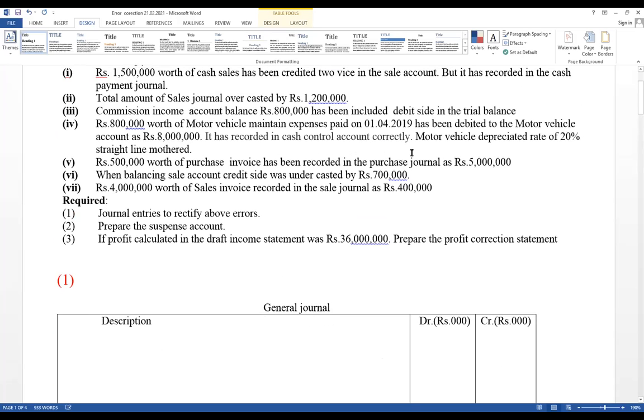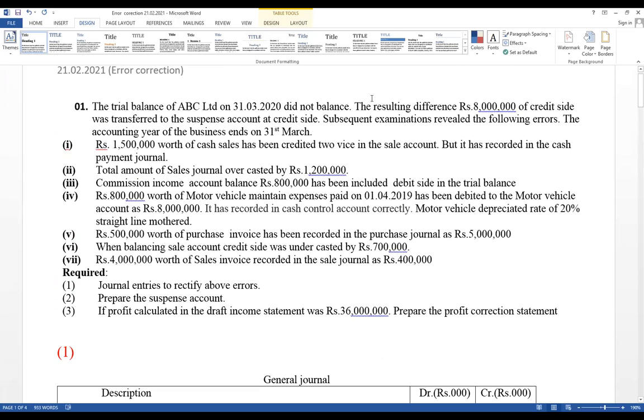From the beginning it has given the suspense account balance. The resulting difference of 8 million of credit side was transferred to the suspense account credit side. Think what the suspense account balance available on the credit side means. Trial balance credit side decreased by 8 million.